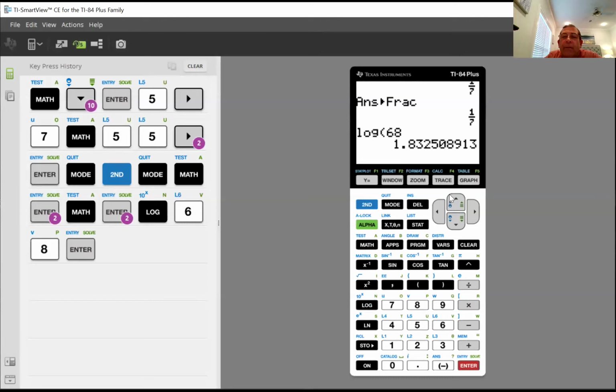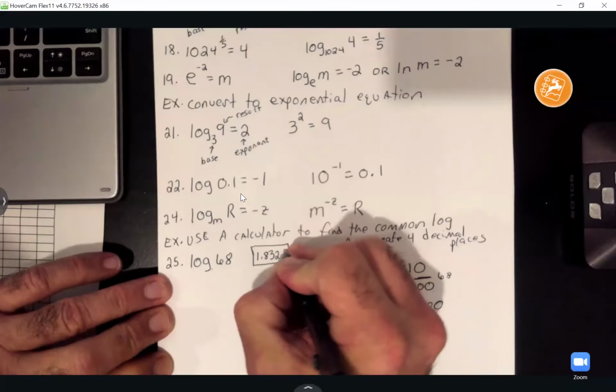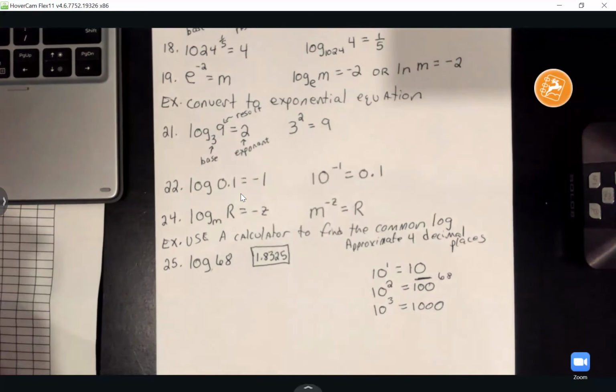Let's see. The fourth number is a 5. Oh, you got it right now. Since the fifth number, 0, is less than 5, we don't round up. So we're going to keep what you got now, 1.8325.